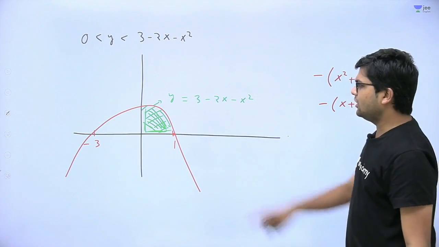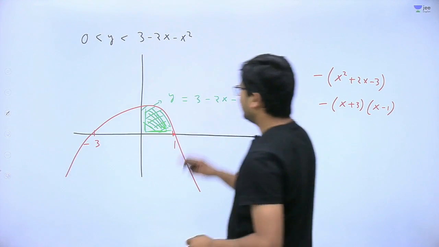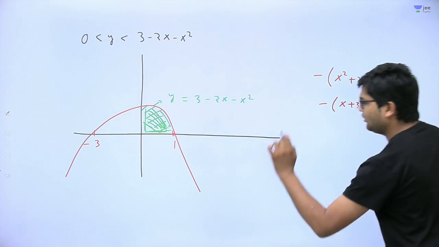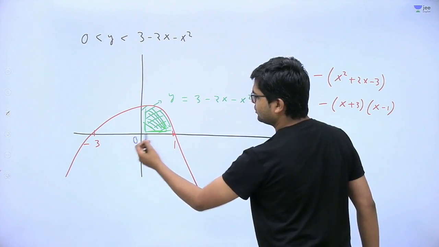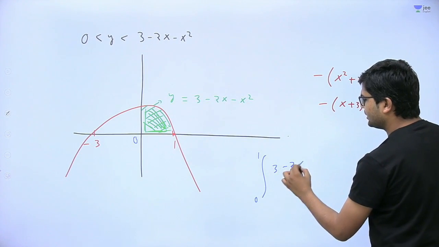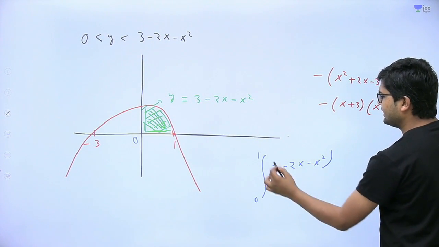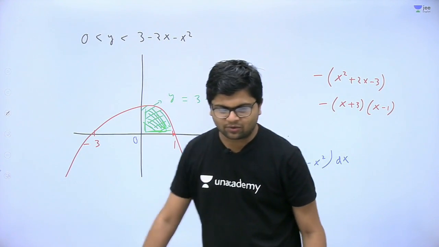Now this area can be easily calculated with the help of integration. If I integrate from 0 to 1, because this is x equal to 0 and this is 1, the function will be 3 minus 2x minus x square, dx. Yes or no?